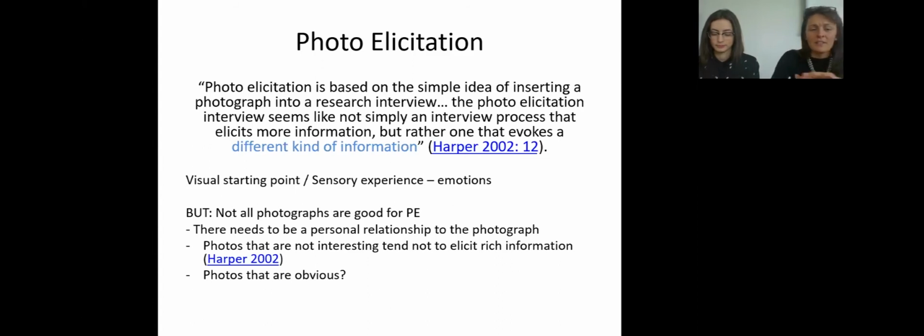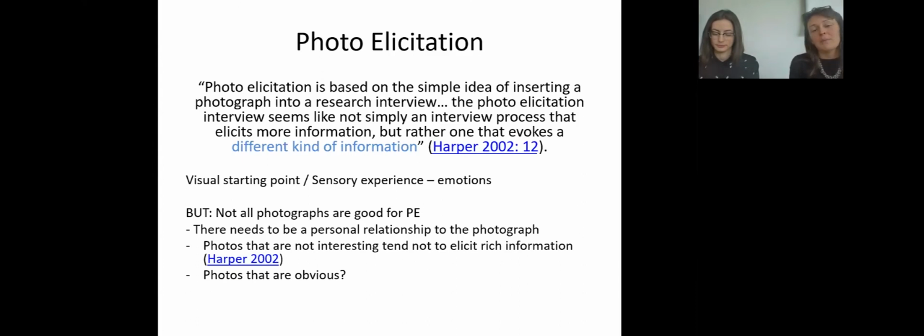Photos serve as a visual starting point for discussion. It's a sensory experience in the sense that when we look at a photo, we often bring our own interpretations and connotations and emotions to that photo. And in that way, this is how, on one level, we're eliciting and evoking a different kind of information via the use of photographs.